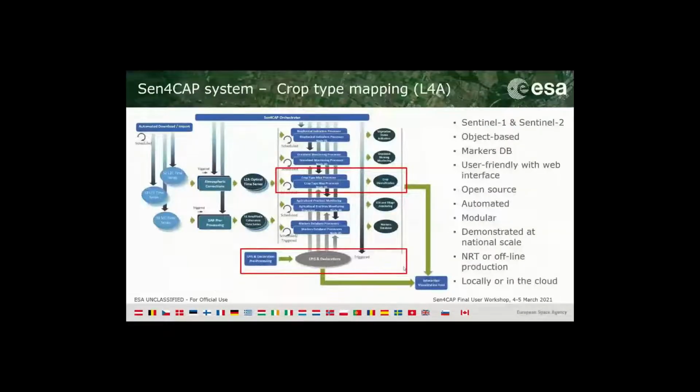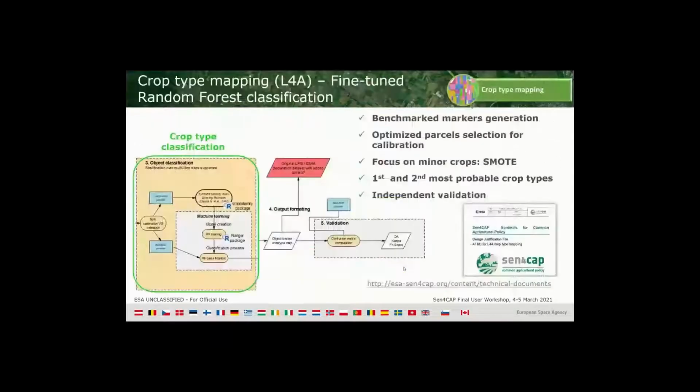So we'll continue with the crop type mapping processor. It was designed, and some benchmarking work was done, first to select the best markers to distinguish between the different crop types.